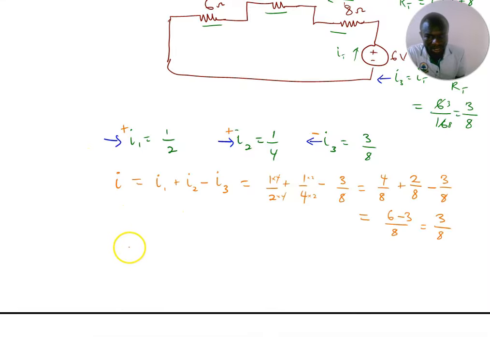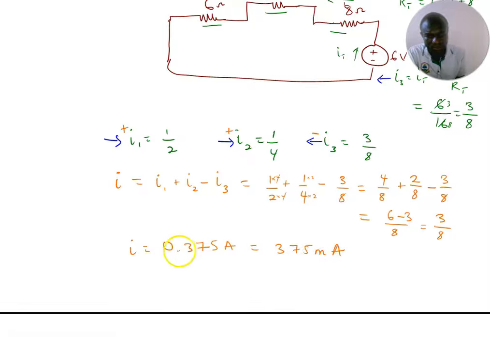3 on 8 will be, so I is going to be 0.375 amps. And this is the same as 375 milliamp.